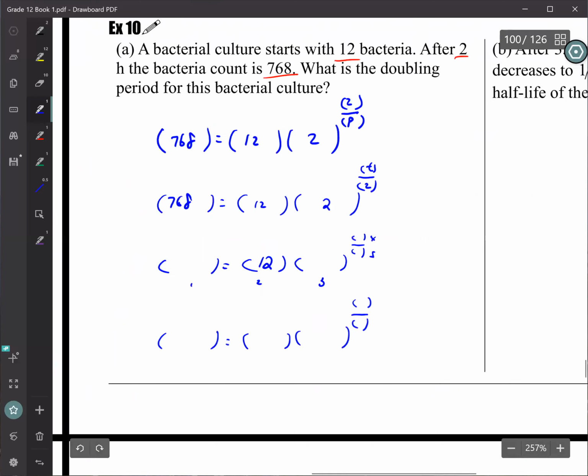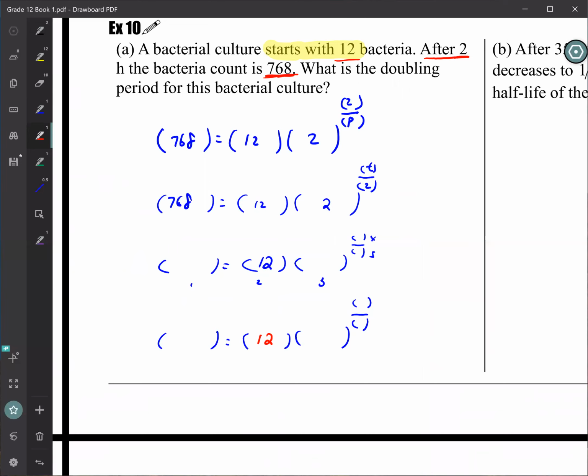So it says it starts, right? Starts means initial, that's pretty clear. I think everybody has no question about that. Initial, there are 12, so of course number 12 goes there. After 2 hours, we count the bacteria again, and it becomes 768.